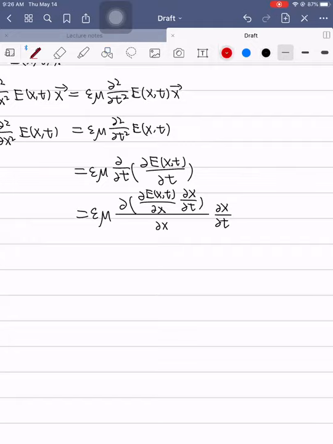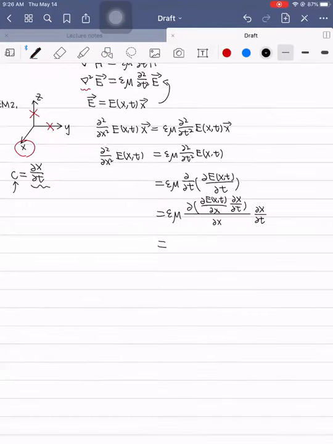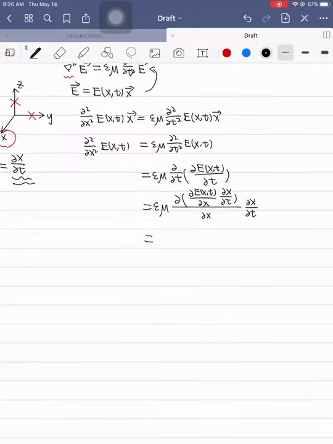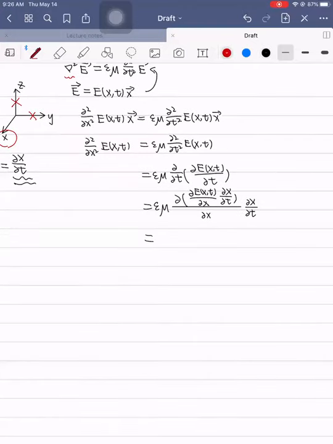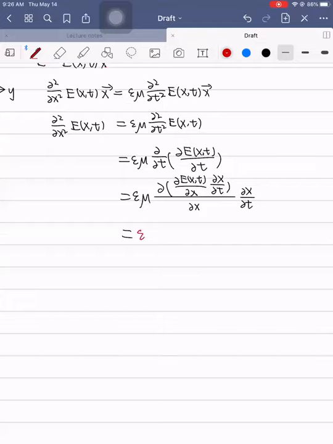Okay, let's check it. If you cross this, cross this, cross this, these two are exactly the same, right? But we want to get the factor like this. So we have to write the equation like this to have the speed.